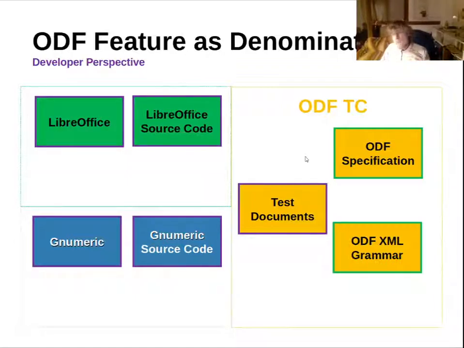And I'm going to focus now, we, the sheriffs, on putting the feature view on the specification and the XML grammar, because currently the XML grammar says this is valid or not valid, but doesn't tell you where this bold feature is, or where this feature of changing the page orientation on a paragraph or a table can be found, what XML is involved. So we need a different view, and we sheriffs are going to add it, and we need your help.